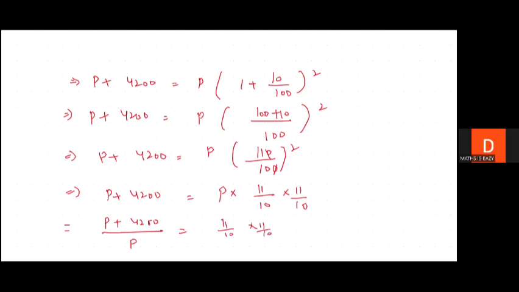Now we will split it. So it would become principal by principal plus 4,200 by principal equal to 11 by 10 into 11 by 10. Be careful, as this is a HOTS question.